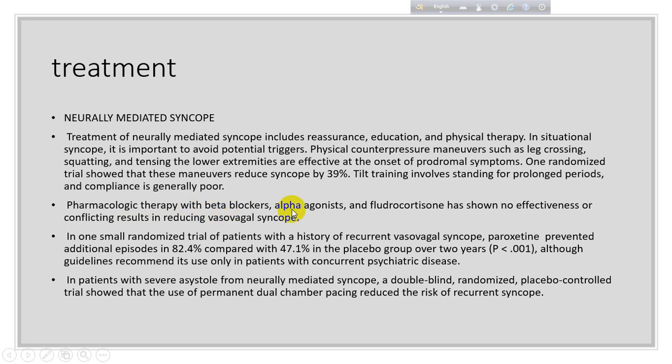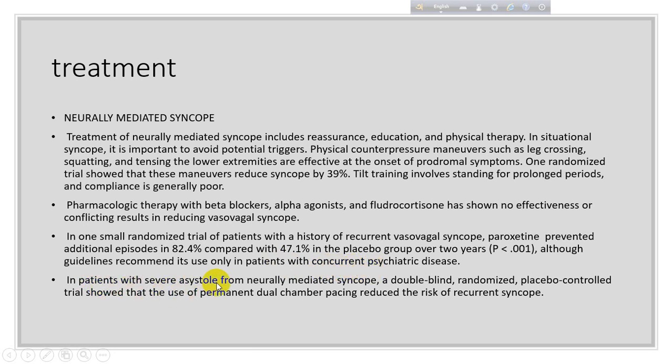Pharmacologic therapy with beta blockers, alpha agonists, and fludrocortisone has shown no effectiveness or conflicting results in reducing vasovagal syncope. In one small randomized trial of patients with a history of recurrent vasovagal syncope, paroxetine prevented additional episodes in 82% compared to 47% in the placebo group over 2 years, P less than 0.001, although guidelines recommend its use only in patients with concurrent psychiatric disease.